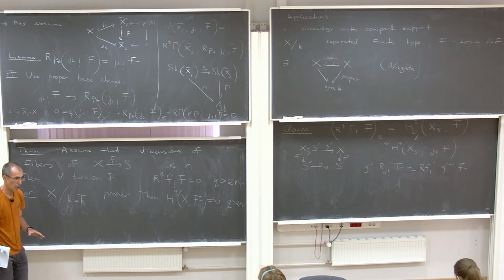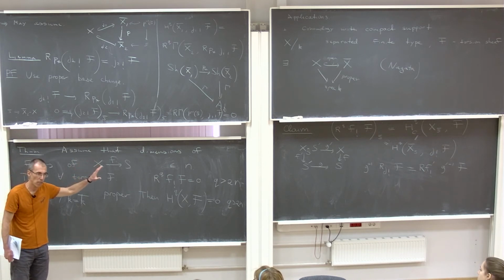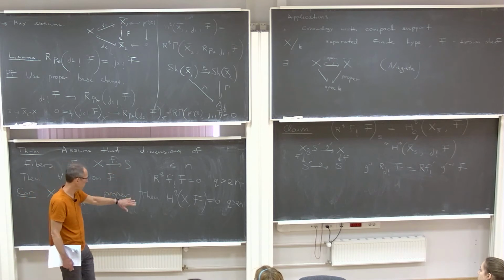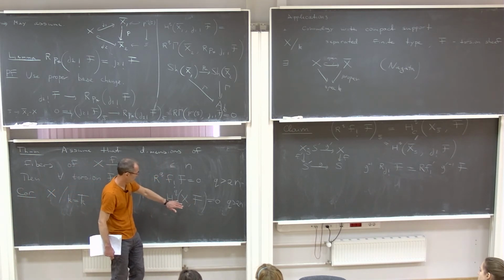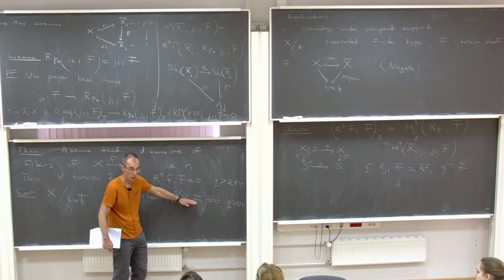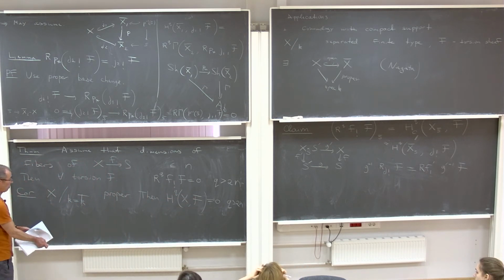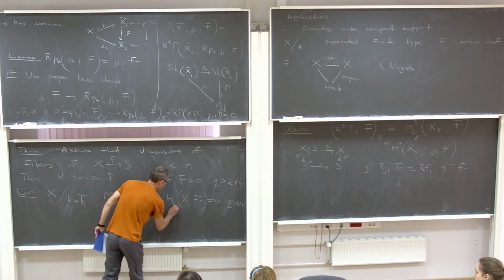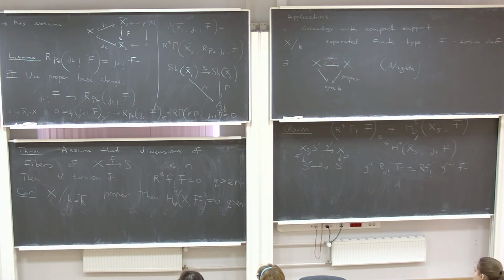It's well known in topology that if you have a topological space of dimension n, then cohomology of the topological space vanishes above twice the dimension, that definitely holds in classical topology. And so we have it for étale cohomology, which is great.